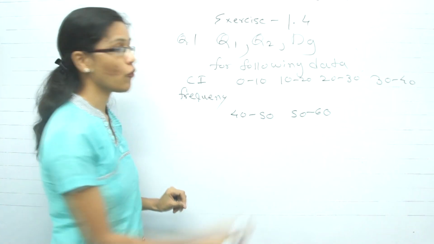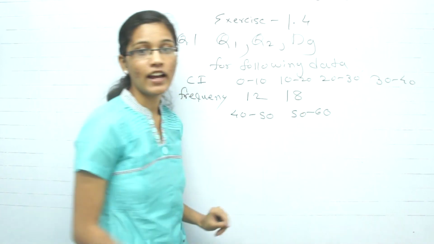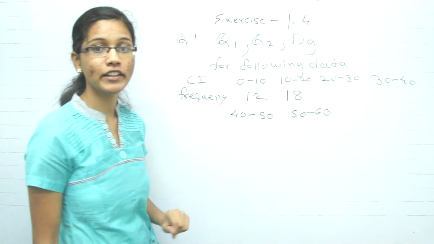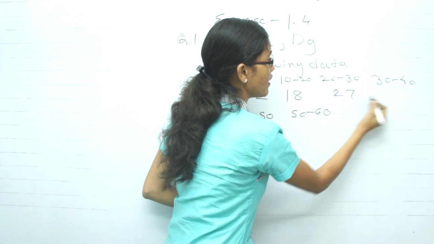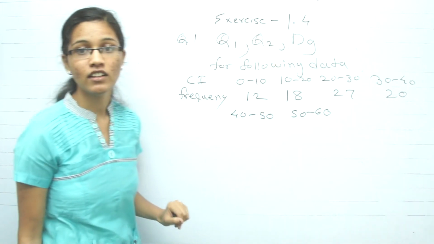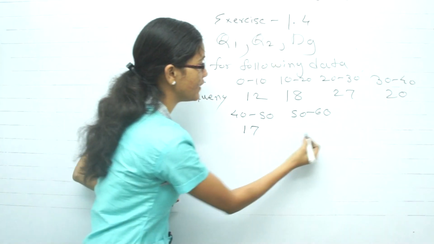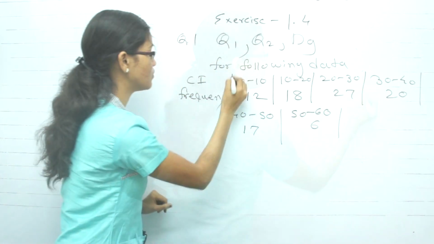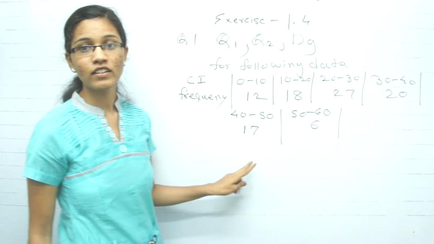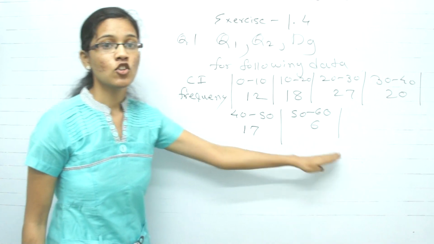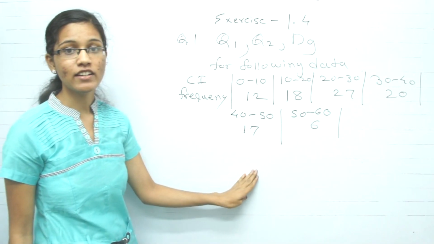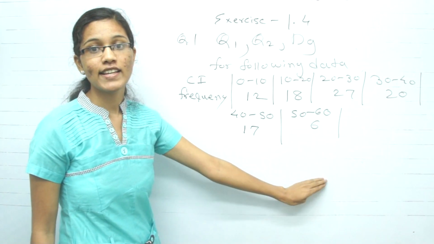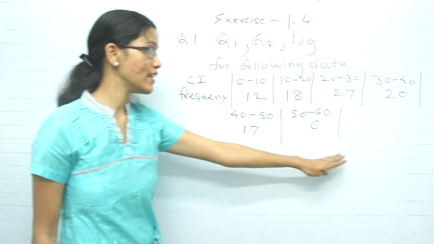The frequencies are 12, 18, then 27, 20, 17 and then 6. So we need class interval, frequency, upper class boundaries less than, and then cumulative frequency less than.